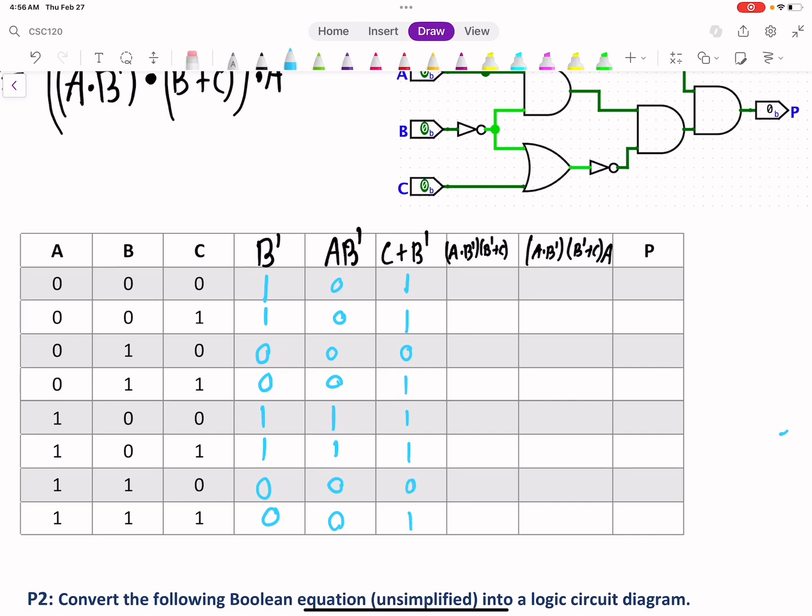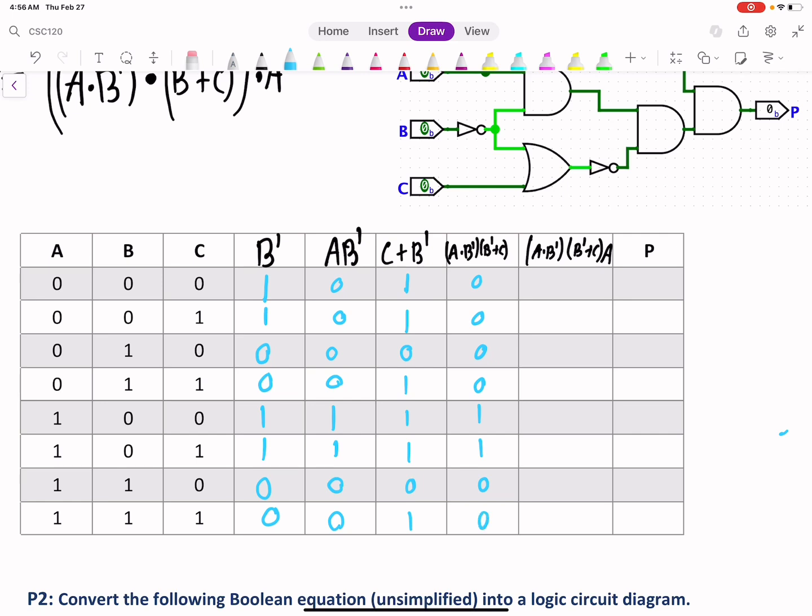Now let's do the A times B prime, and then B prime plus C, and then both of these timed together. So I'm basically going to multiply this together. So 0 times 1 is 0, 0 0 0 1 1 0 0.